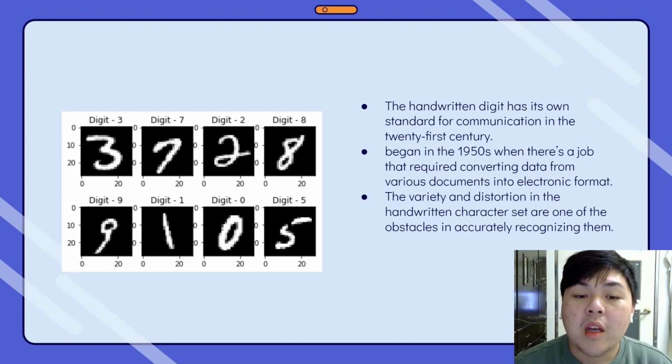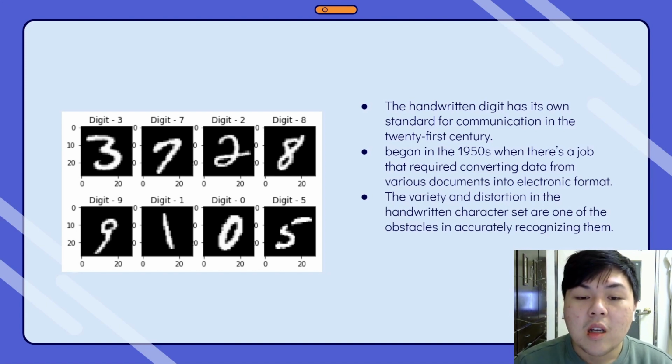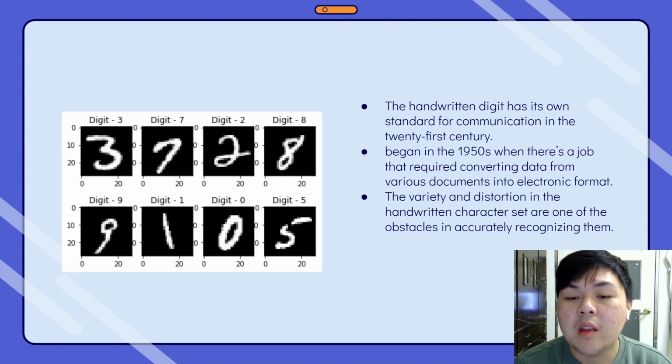It began in the 1950s when there was a job that required converting data from various documents into electronic format. The process took too long and was sometimes affected by errors, so that started the development of handwriting recognition.